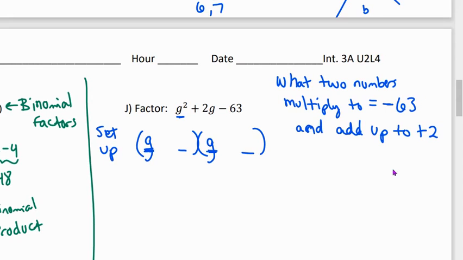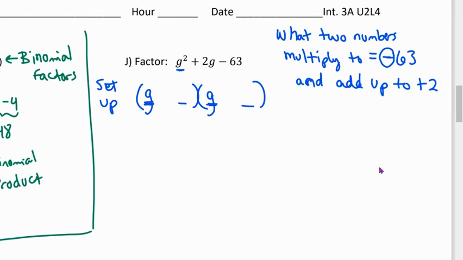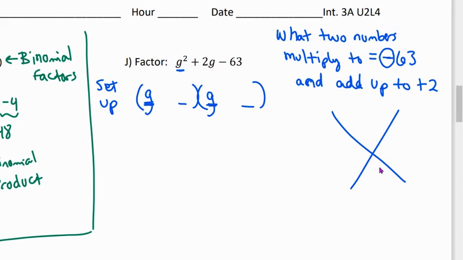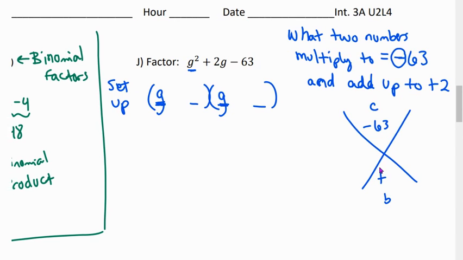So when you have a negative here, this gets a little bit more complicated. So I'm going to help you with that a little bit. So your C is negative 63, your B is a positive 2.